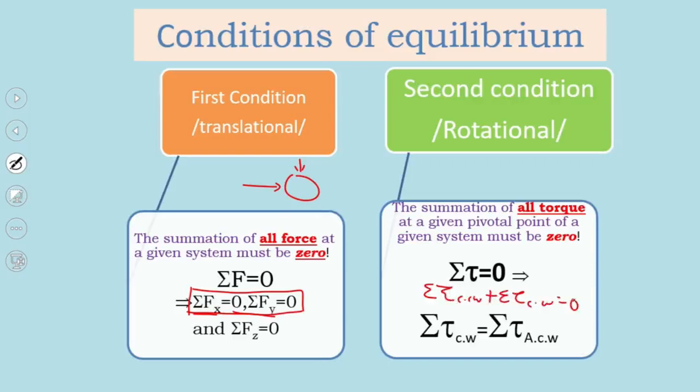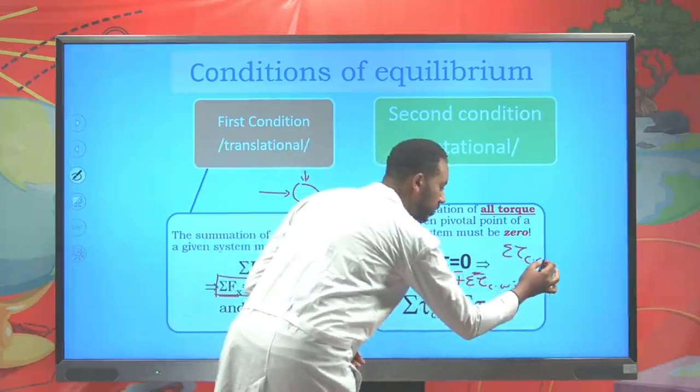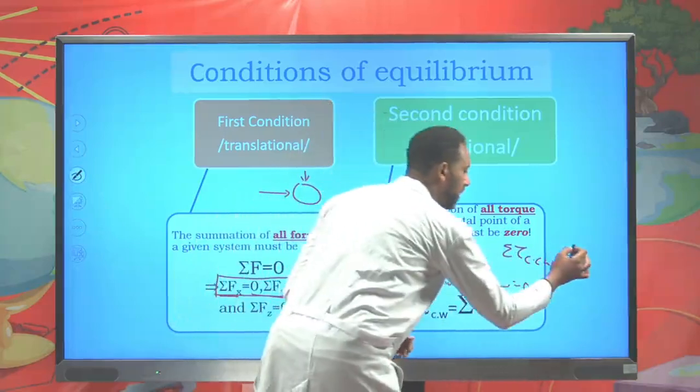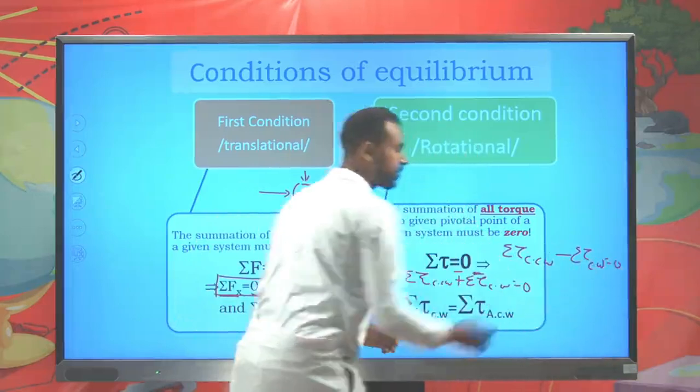But for sign convention, we know that torque acting clockwise is considered negative, whereas torque acting counterclockwise, or anti-clockwise, is considered positive. So the net torque is the counterclockwise torque minus the clockwise torque, which is zero.